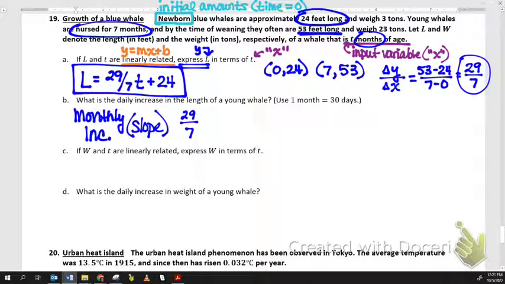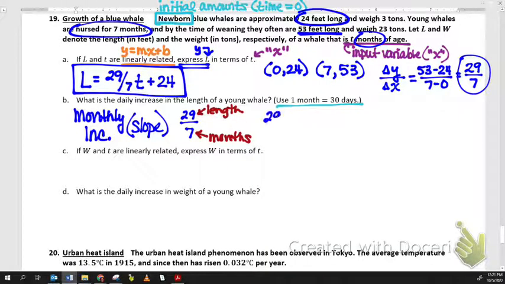What is the 29 in this case? Remember, it's change in y over change in x. What is the 29? Not weight, but close. Yes, that's our length. And the 7 is months. We want to use this conversion right here. 1 month is 30 days.